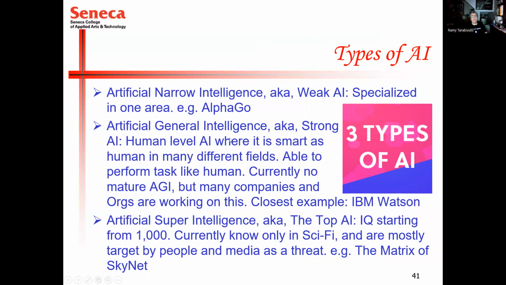Then there is artificial general intelligence, which is strong AI. That's where the computer is capable of doing everything that a human can do. The closest example of that is IBM Watson. There is no current mature AGI, but Google is getting very close to that. And when you watch the videos that you've had before about Google, you'll understand where they're coming in there.